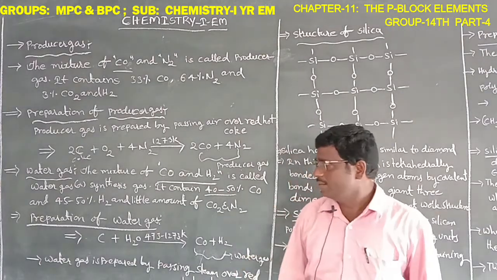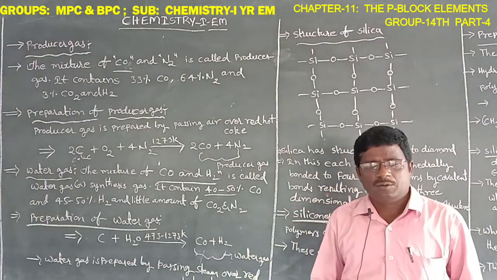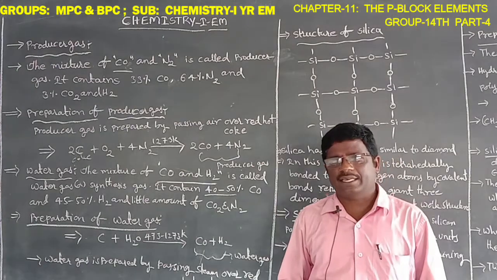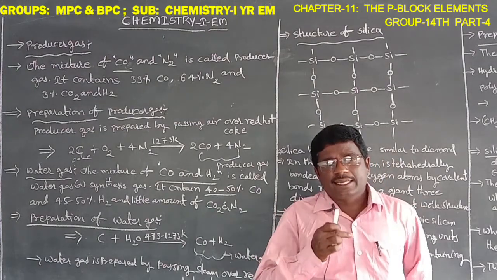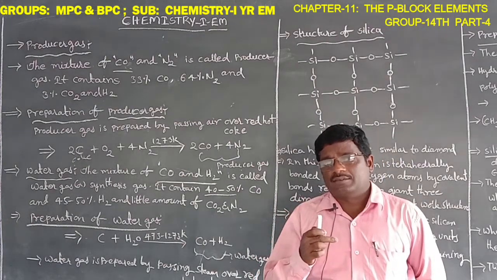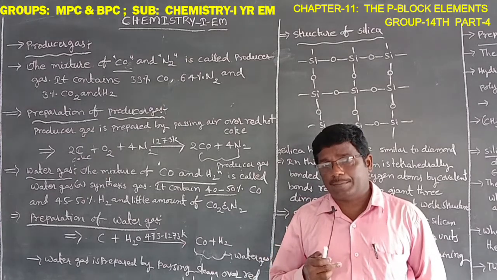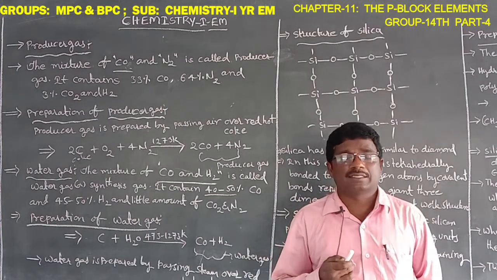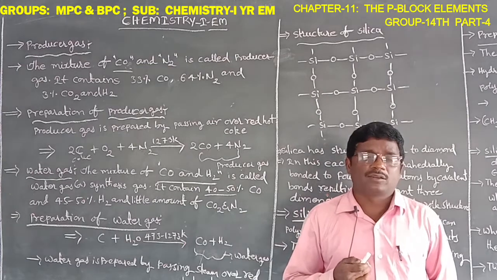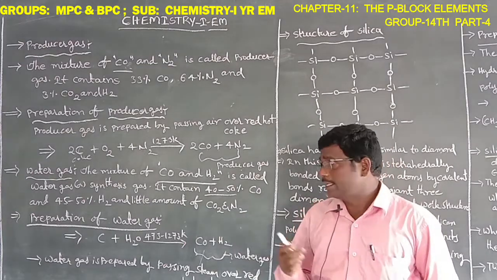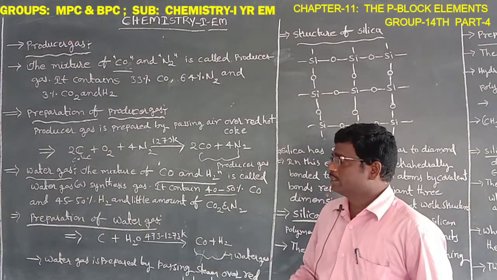Next, uses. Producer gas is used for industrial purposes, such as the preparation of metals and non-metals, like petroleum and coal.